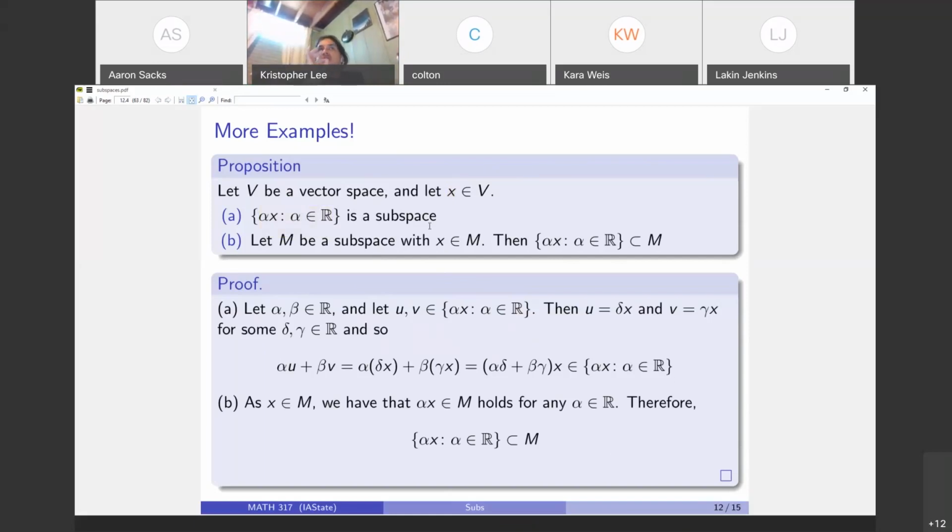It's the smallest subspace within the vector space that contains the element x. So this subspace generated by x is the most efficient subspace, requiring that x is in there. I wonder if that's super important, something we're going to talk about tomorrow when we talk about the span of a set. Beats me. No idea.